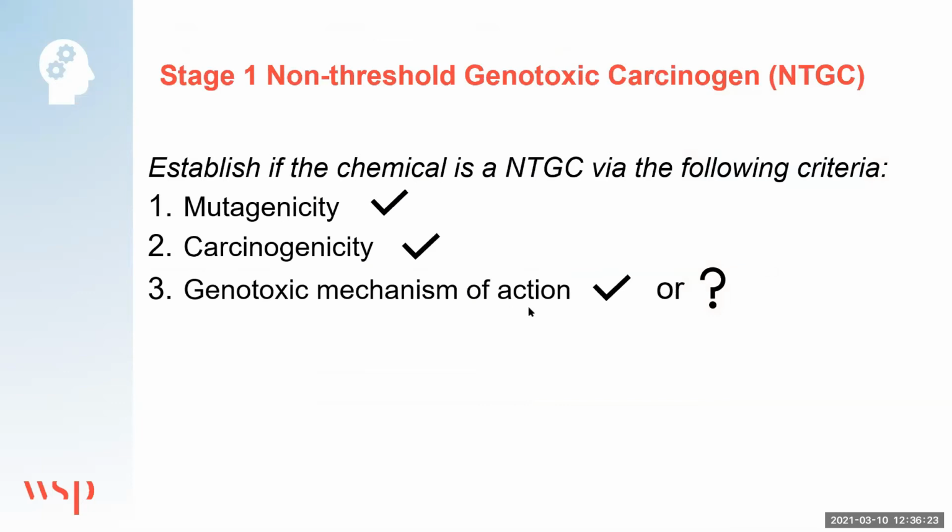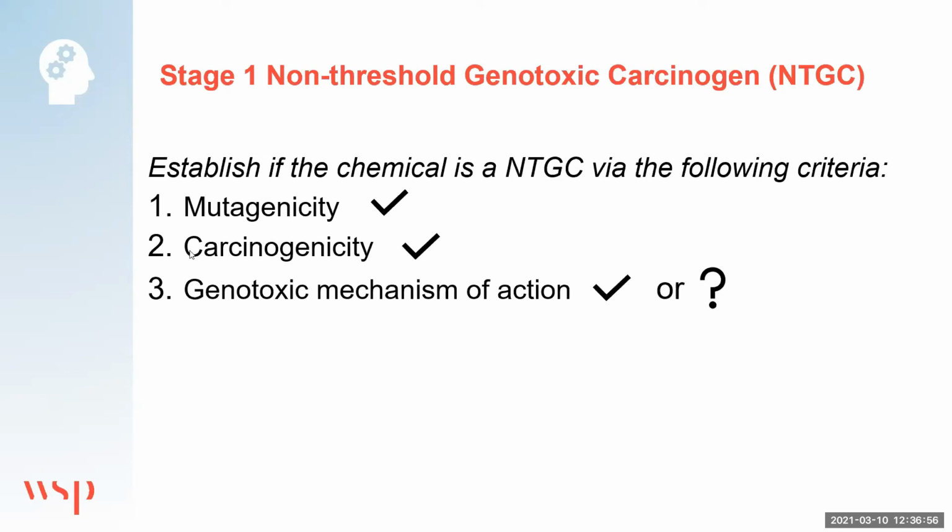So criteria 1, there had to be clear and unambiguous positive results from adequately conducted mutagenicity tests, and I'll expand on these in a moment. There had to be positive results from adequately conducted carcinogenicity studies, and point 3 here, it had to be assumed or confirmed genotoxic mechanisms of action in the formation of tumours.